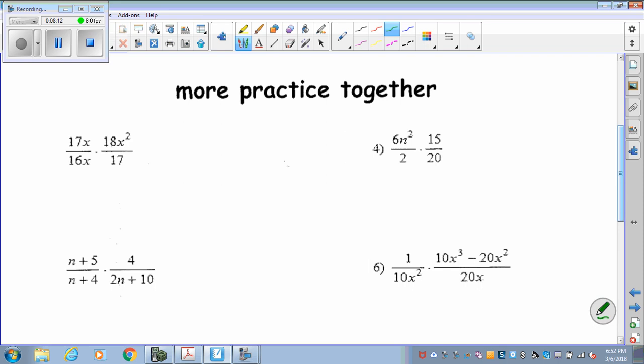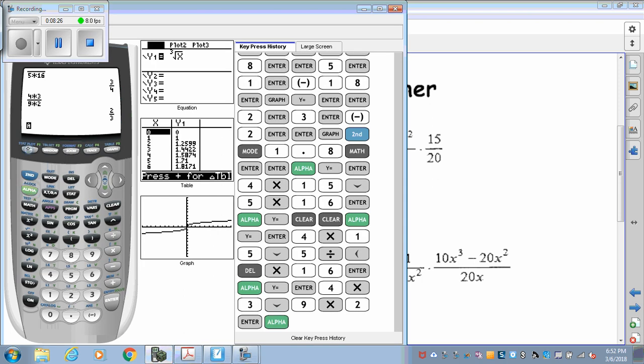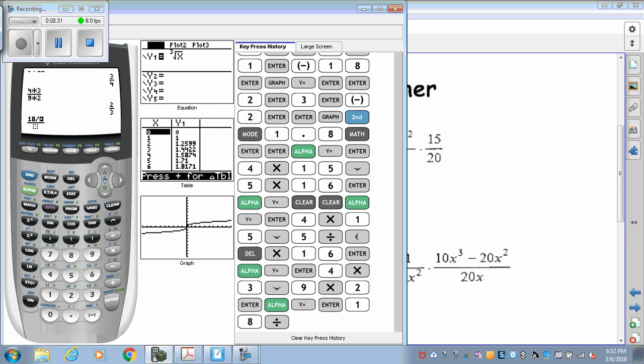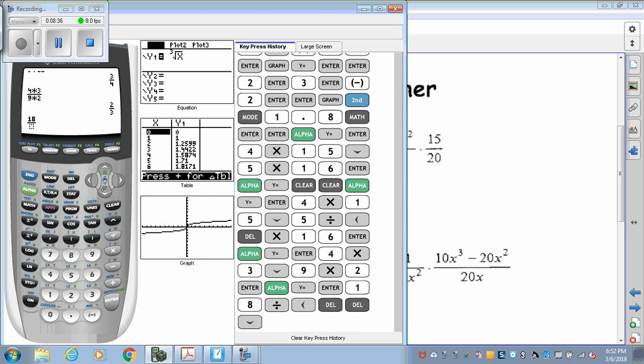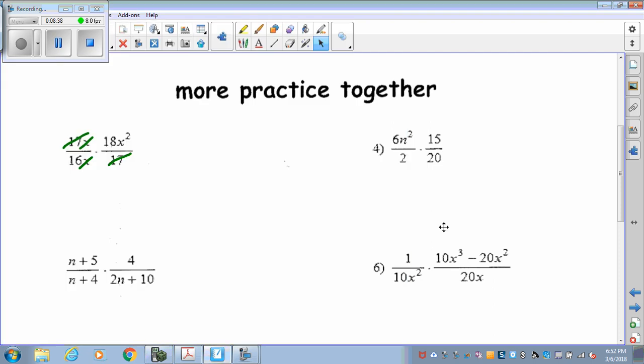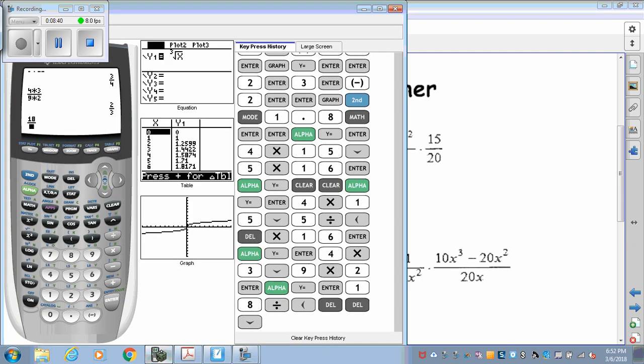All right. So you've got 17 divided by 17, x divided by x, and then I'm going to reduce, I'll do 18 over, what was my denominator, 16. 18 divided by 16 reduces to 9/8.